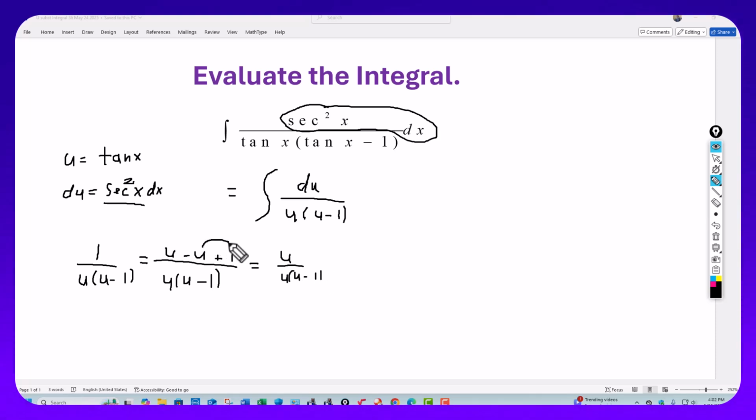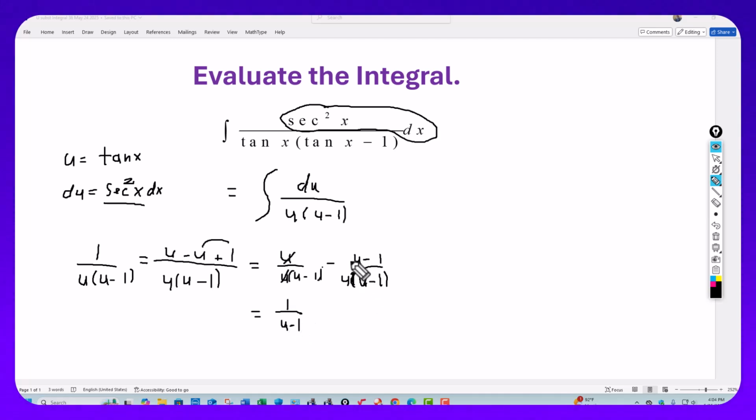We've got these two together then. I'm going to factor out a minus out of that. So these are the same thing, with the same denominator, u times u minus 1. U minus u cancels out, and then a minus 1 is plus 1, so it's the same thing. For this one here, the u and the u would cancel, and that gives me 1 over u minus 1.